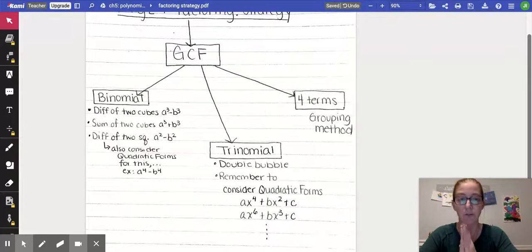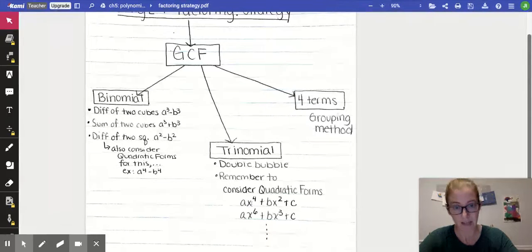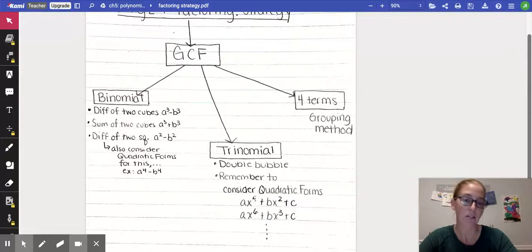It might be x to the 4th double bubble or x to the 6th double bubble. And again, pay attention to the middle term here. It has to be x squared where the b is, and then x to the 4th with the a, and x to the 3rd and x to the 6th. If you have something like ax to the 4th plus bx plus c, that's not a quadratic form, right?